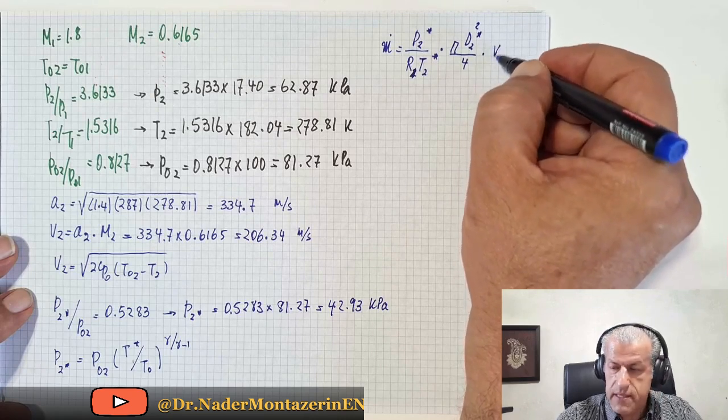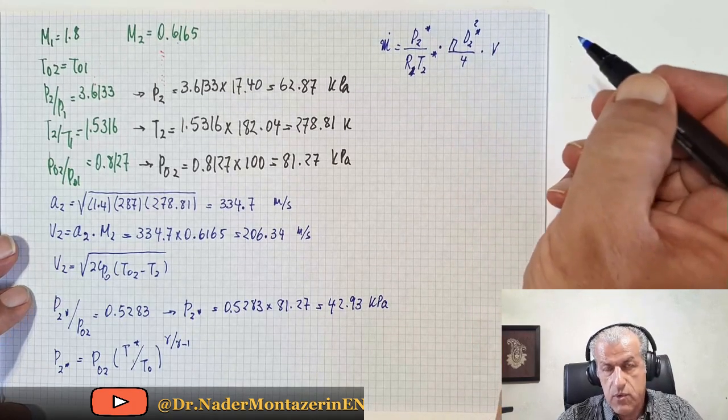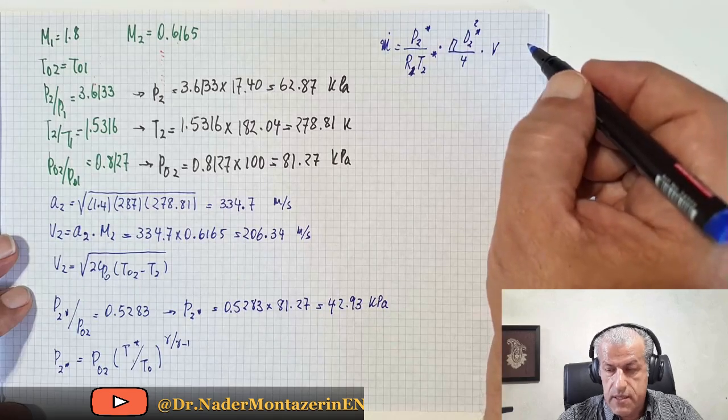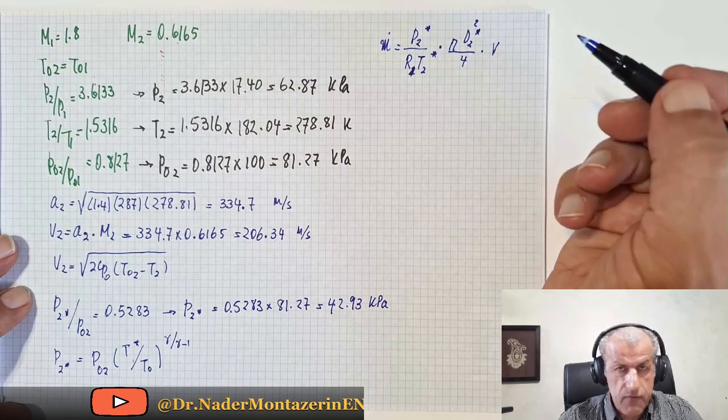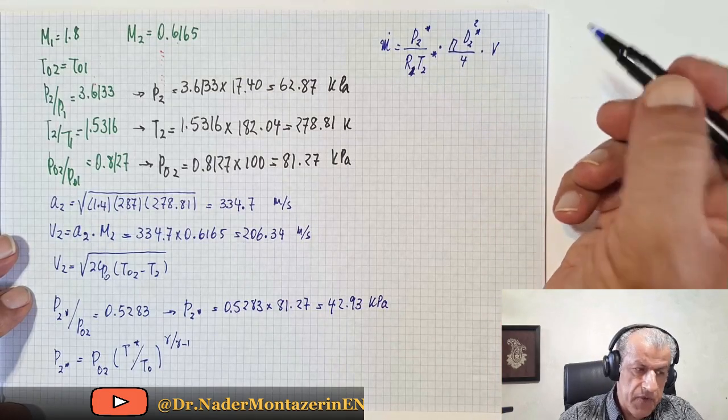It's the same as before, 316, because the Mach number is 1, and T star is as before, and therefore V star is as before.